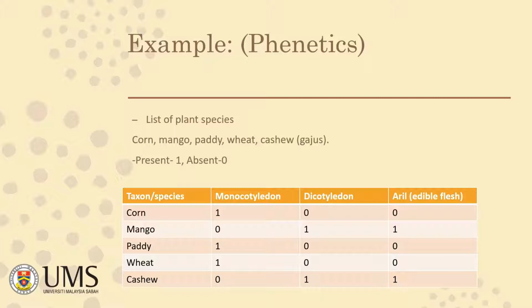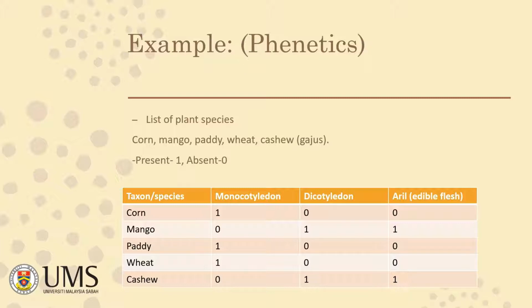So we put them into a table. Taxon species: corn, mango, paddy, wheat, cashew, and we pick something observable like seed, monocotyledon, dicotyledon, and edible flesh.